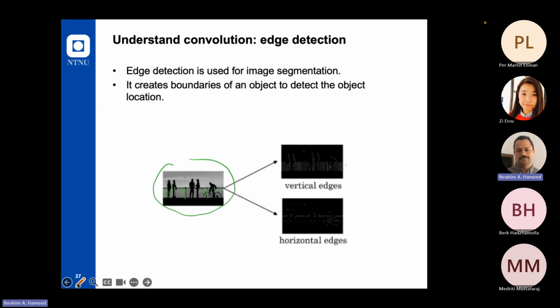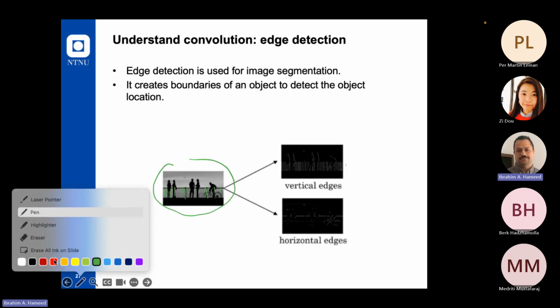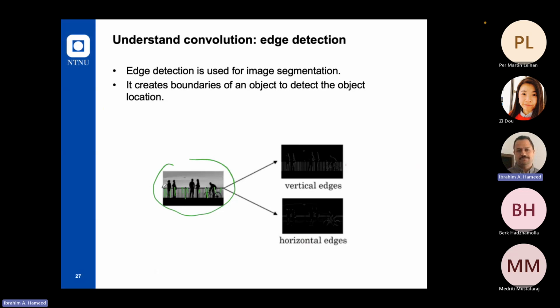And at the same time, I need to use another filter for predicting those horizontal edges. This one will be horizontal edges. As you can see in this image, it's not very clear, but we can detect those vertical edges.